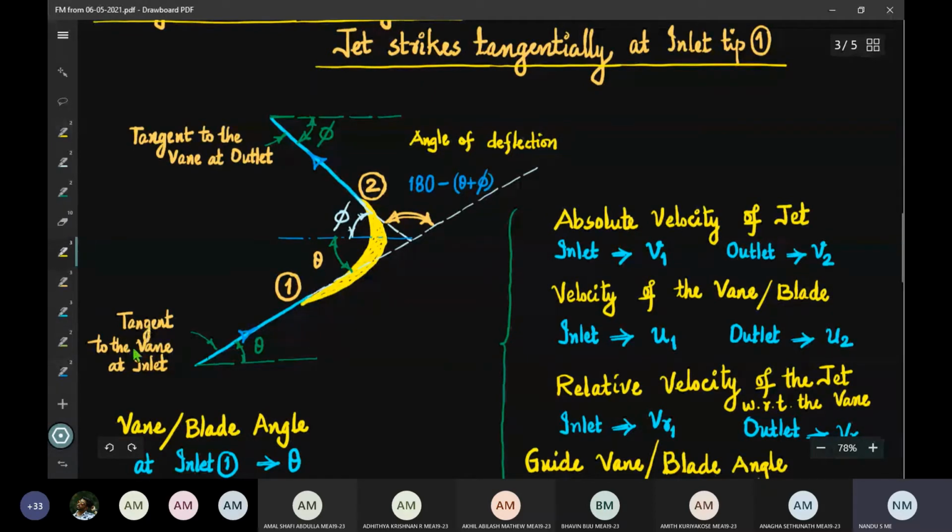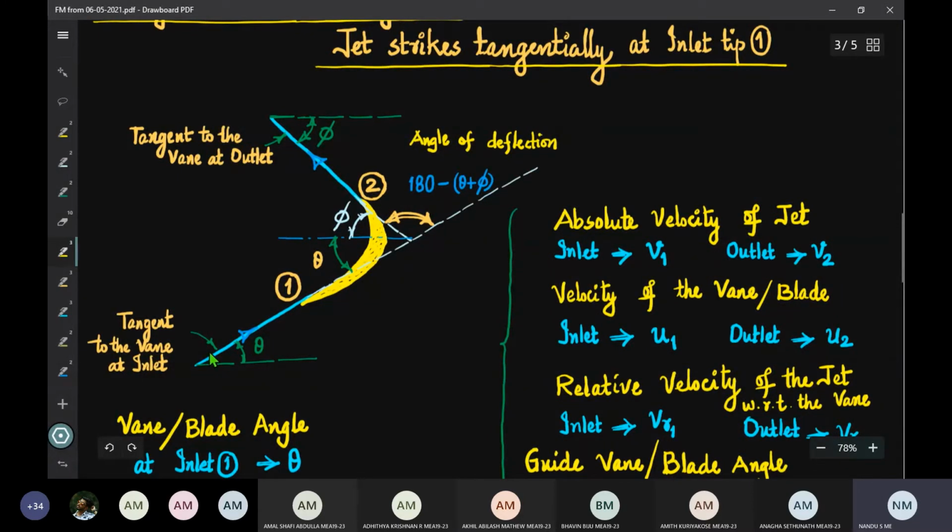So tangent to the vane at, let's say, inlet. Inlet is 1 and outlet is 2. So the water jet is made to enter. We have to direct water so that the liquid jet should enter tangentially at tip 1, and after deflection, see this, that goes in this direction, that is again tangential to the surface of the blade at tip 2.